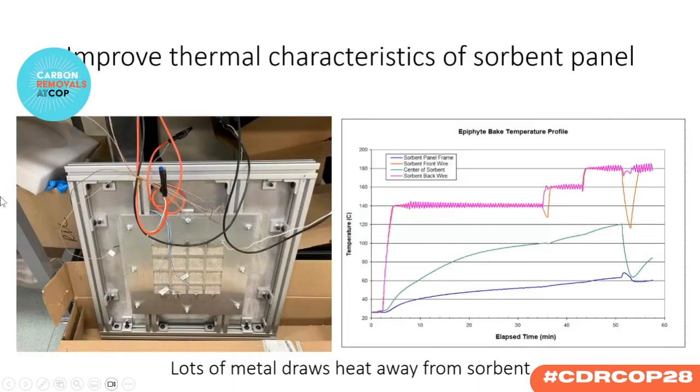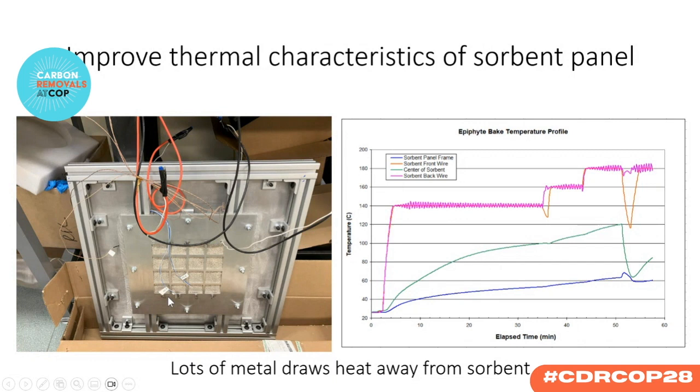The next improvement is the thermal characteristics of the panel. I think it was a great design in that these aluminum bars are meant to be adjustable, so if you want to change the size of the sorbent pocket, you can do that. But there is a lot of metal in there. This plate is made of solid metal, and there's a plate on the other side.